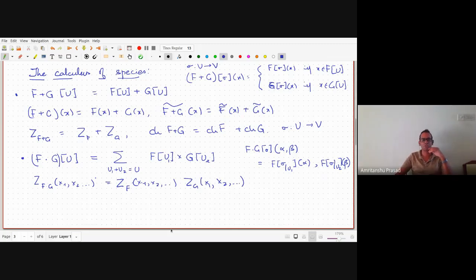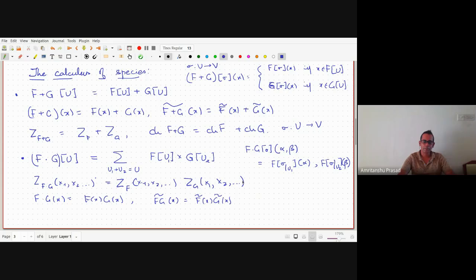Because of this, it implies that the generating function of F times G equals f(x) g(x), and f tilde(x) g tilde(x) for the tilde version. This is not very difficult to prove.